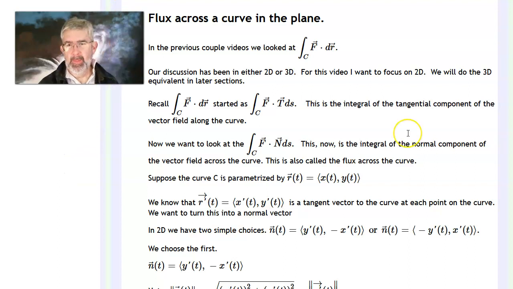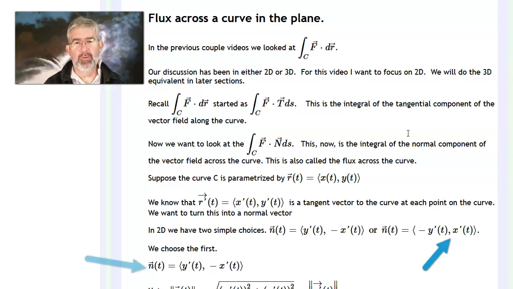Okay. So here's the two choices. In the plane, it's really pretty easy to get a vector perpendicular to one you've already got. You just swap the coordinates and make one of them the opposite sign from what it used to be. So I'd have y prime, minus x prime, that is swapping those two coordinates, or I could have minus y prime, x prime. And we choose the first one here.